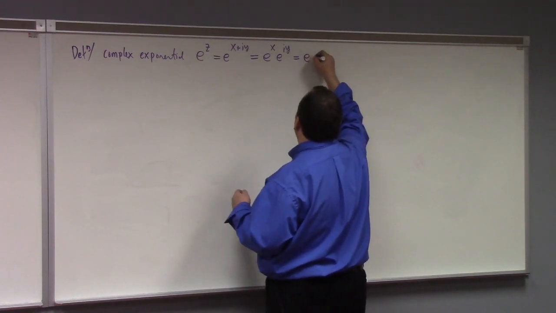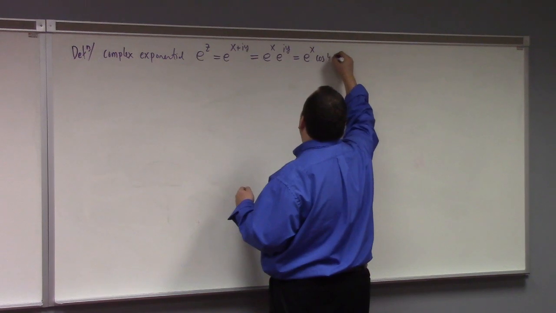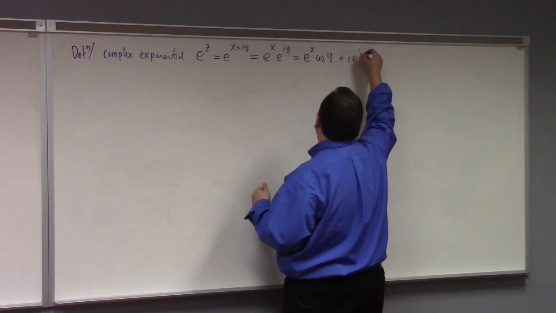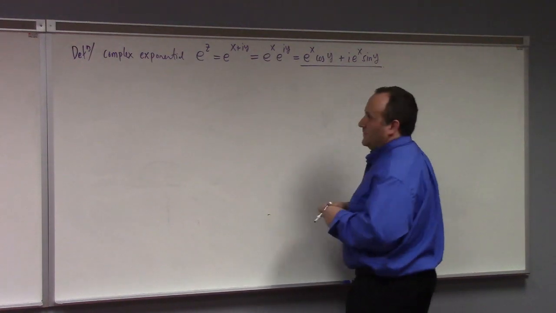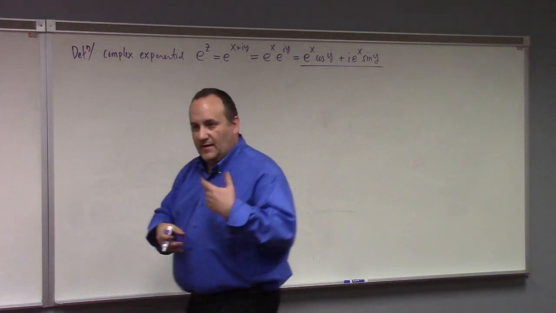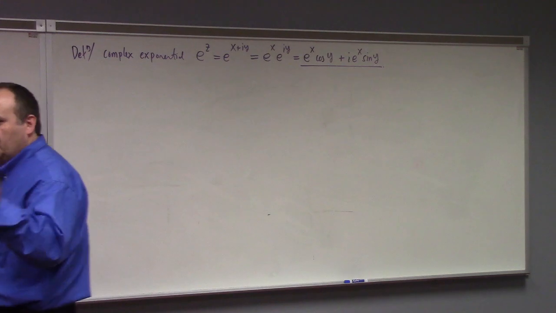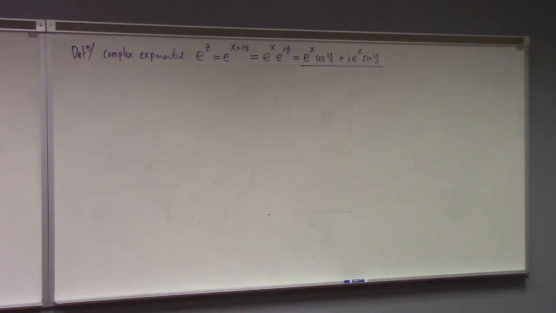The definition, here it is: e to the x cosine y plus i e to the x sine y. There you go. That's the definition for the moment of the complex exponential. Again, we will find a way to supplant that with a more primitive analysis-based definition eventually, but this is a good transitory definition for us to work with, to have nice examples.